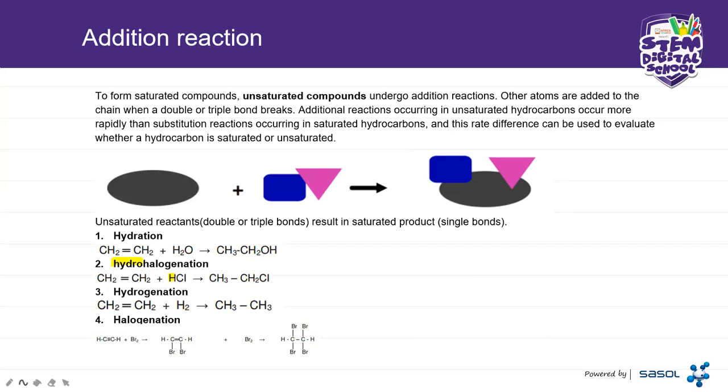And then we're going to have our halogen, and this is going to be this part of the name. So do you guys see now? Do you see what I've been trying to explain? So what we're going to be having now is our hydrohalogenation.